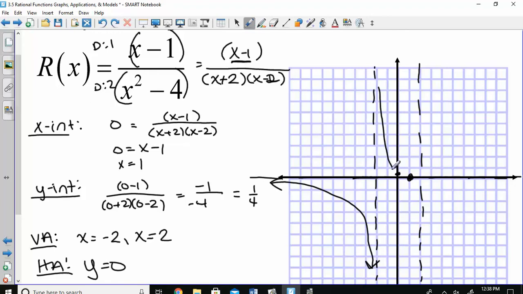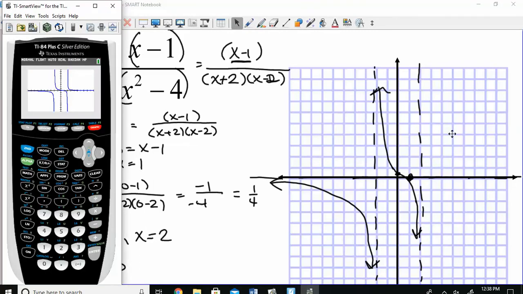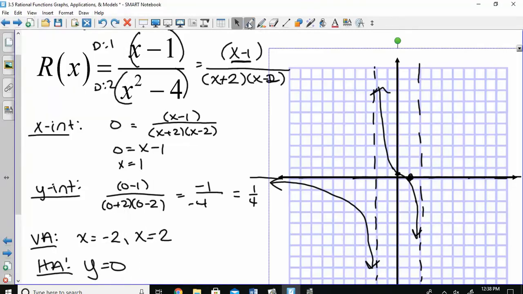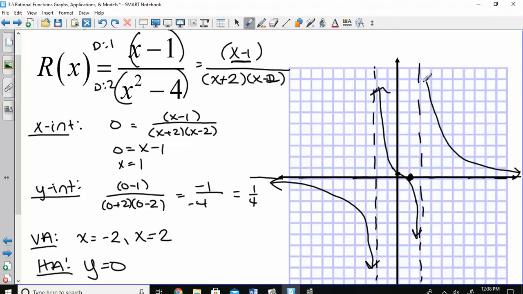So the middle kind of looks like this. The only place you can hit the x and y axis are those dots that you've already put. And our other end was up here above the horizontal asymptote.